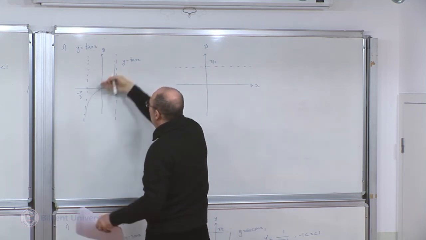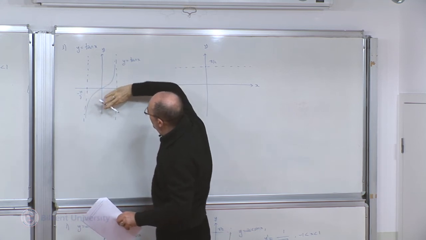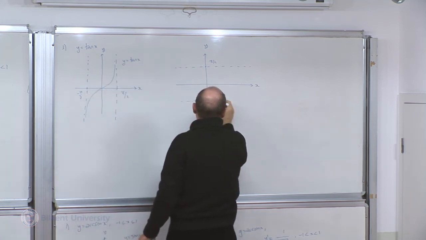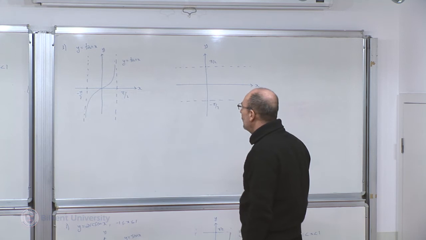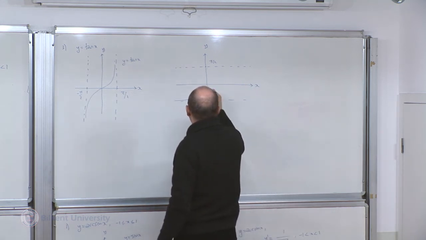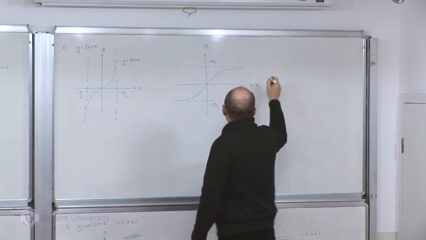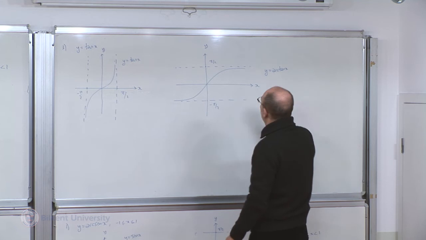This asymptote, when I flip this around, will be flipped here. It will be this asymptote, minus pi over 2. So this thing comes from minus infinity, goes like this to plus infinity. This is y equals arctangent x.